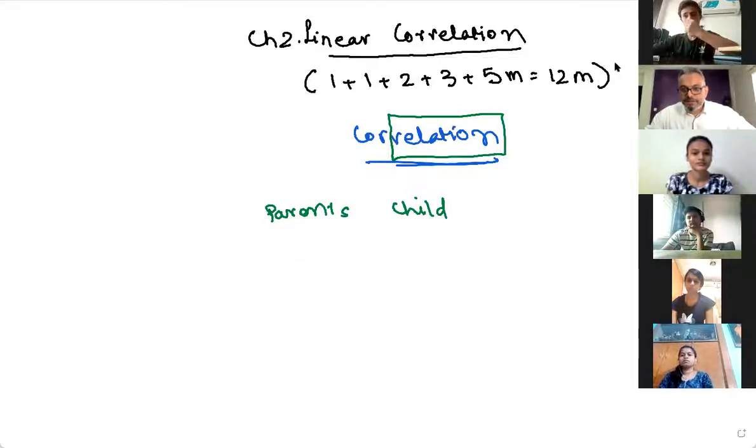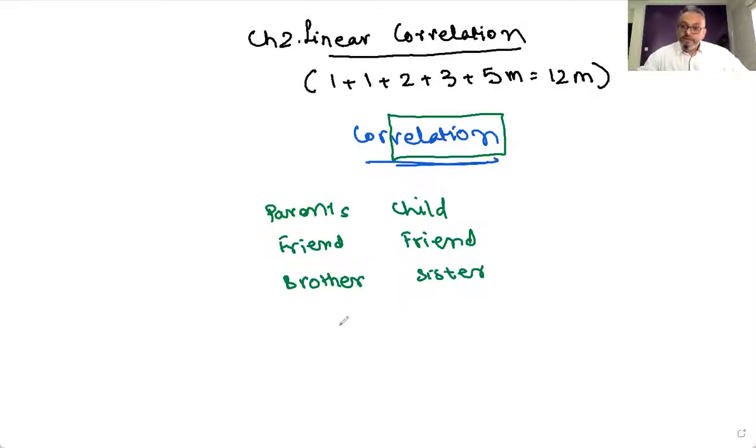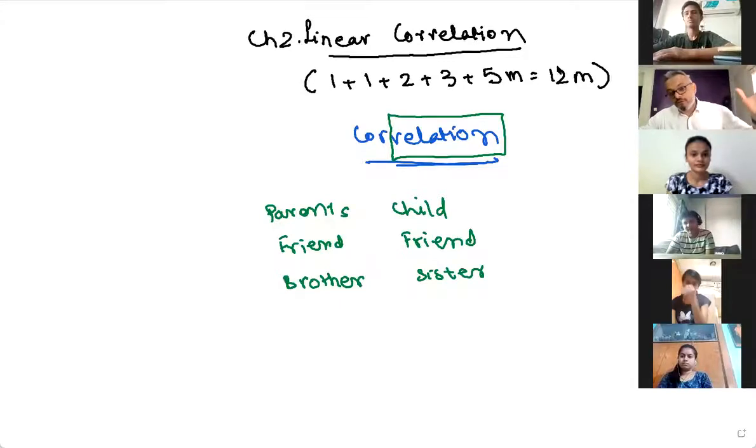Relationship between parents and child, relationship between friends, one friend and other friend, relationship between siblings, brother, brother or brother, sister. Then we also have in India hell lot of other relatives also.